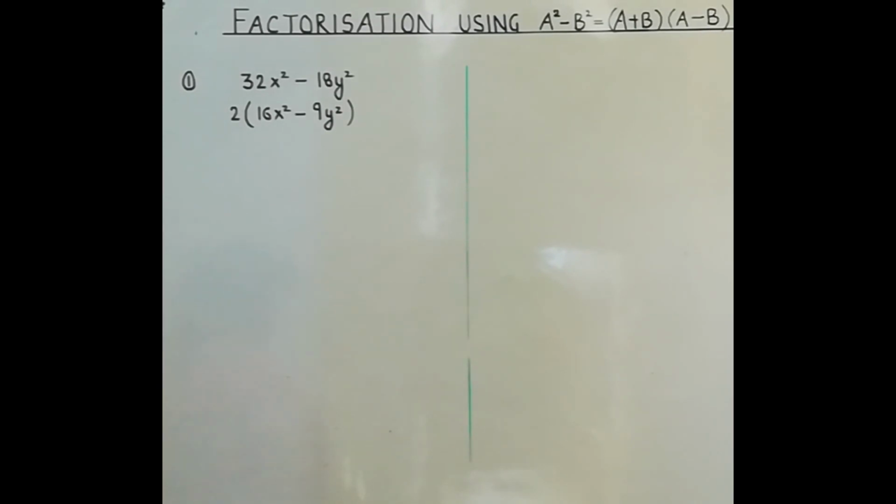After taking 2 common, we are left with 2 terms within the bracket, and you can see that these 2 terms can be converted in square form with a minus sign in between them.